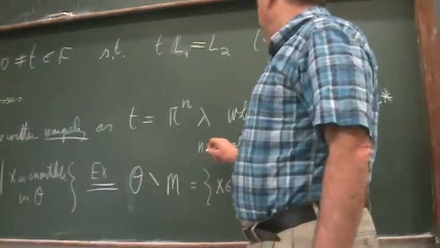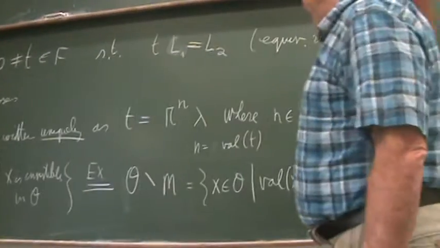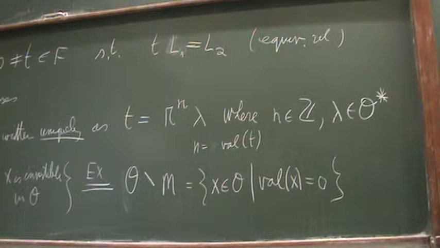Sorry, n is the valuation. So we multiply t by pi to the minus the valuation, and then we get an element of valuation 0, which means we are getting an element which is invertible in O. Okay, I mean, just think about it.